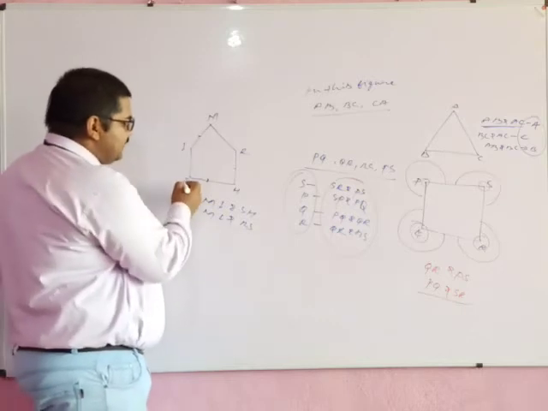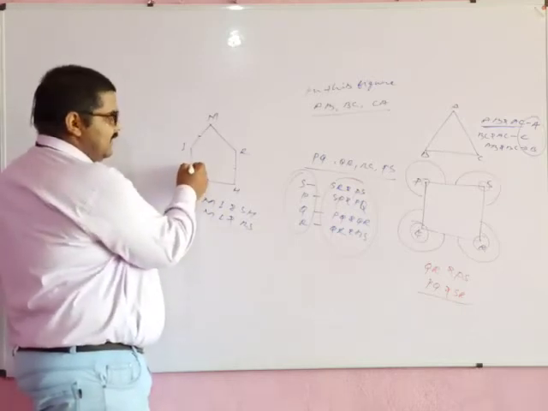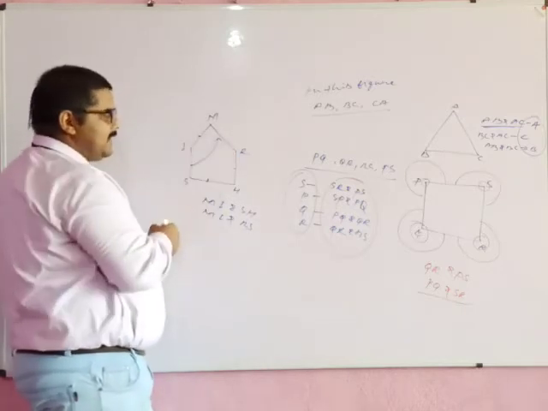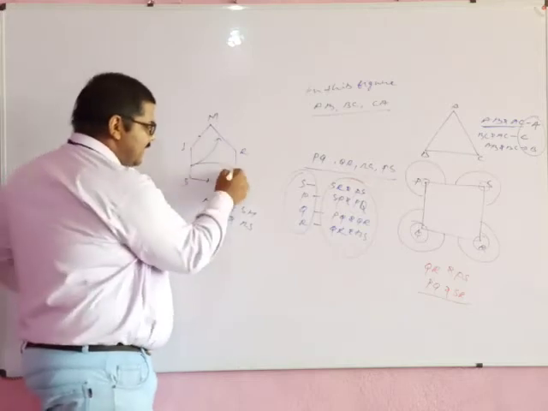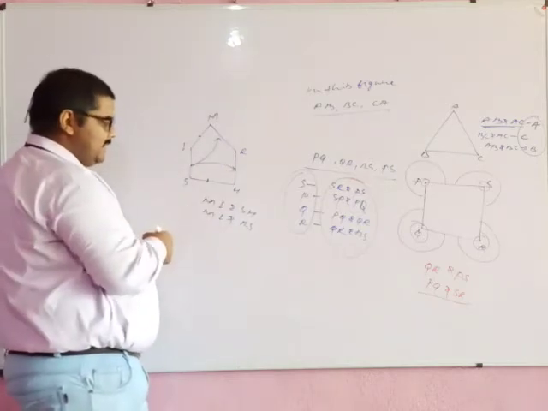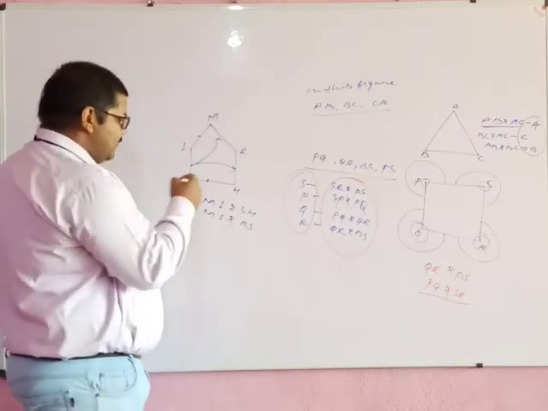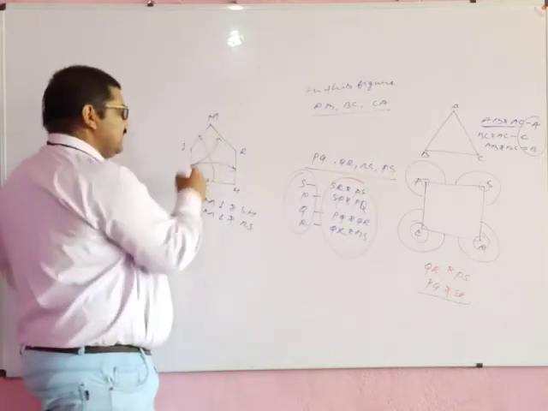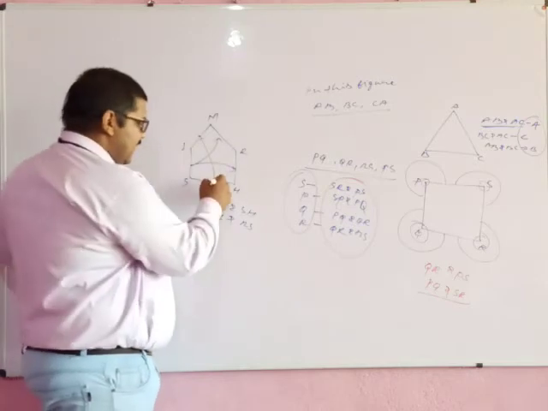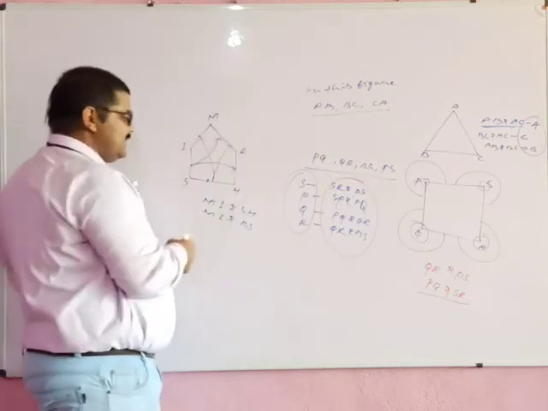Similarly, you can find for SI. For SI, MR is a non-adjacent side, and RH is a non-adjacent side. For SH, you can write down MI as non-adjacent, and MR also non-adjacent.